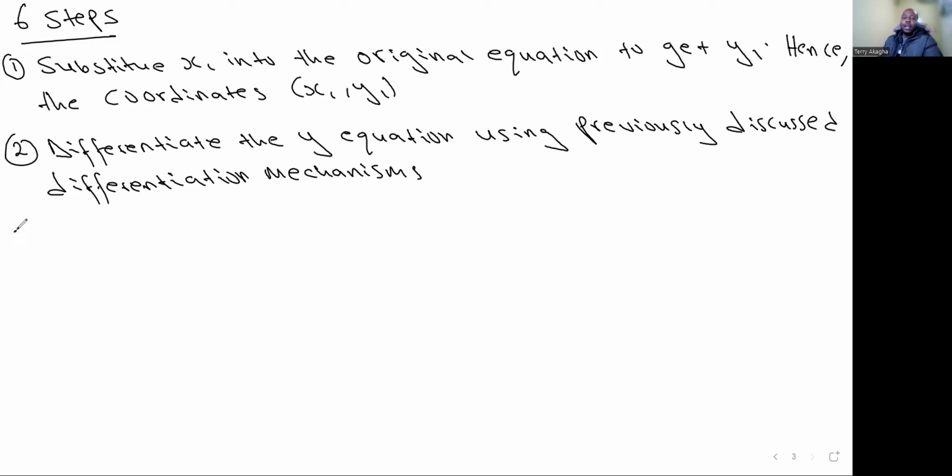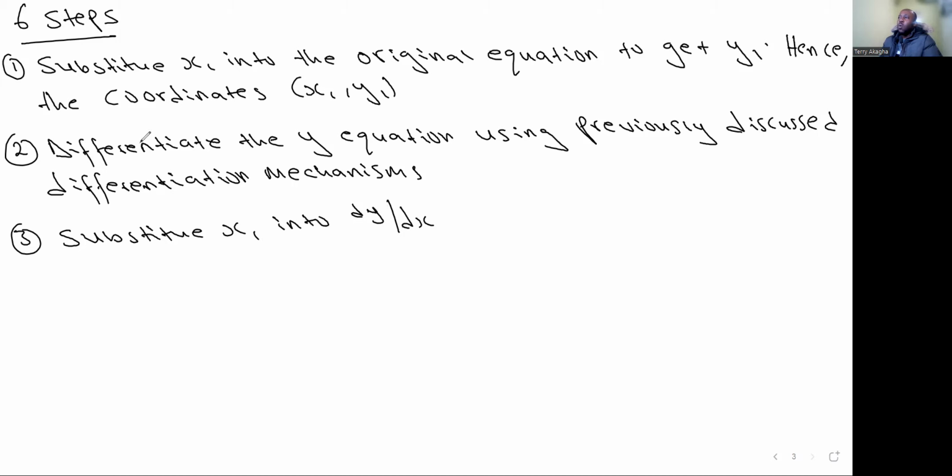Then after you've done that, you then have to substitute x1 into the dy over dx.